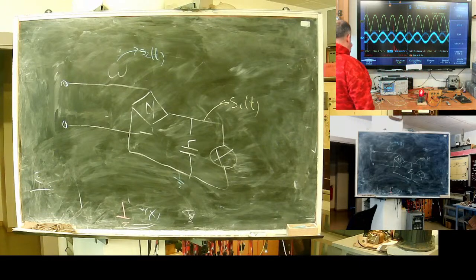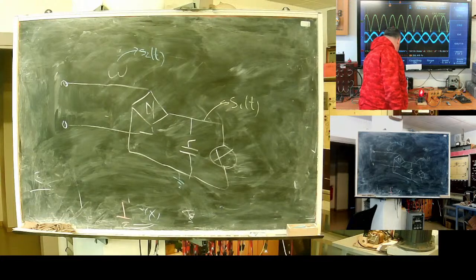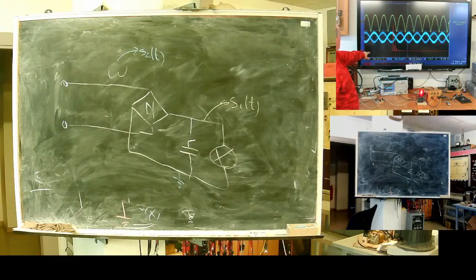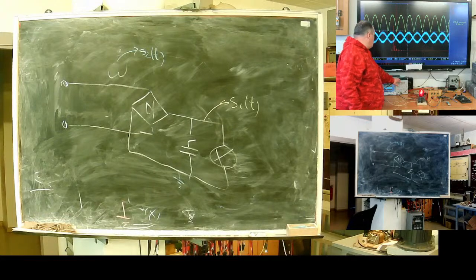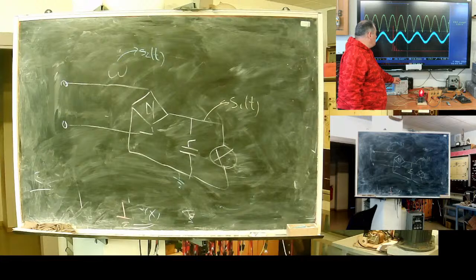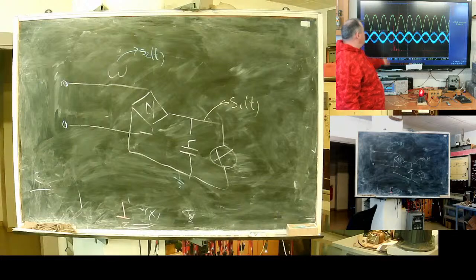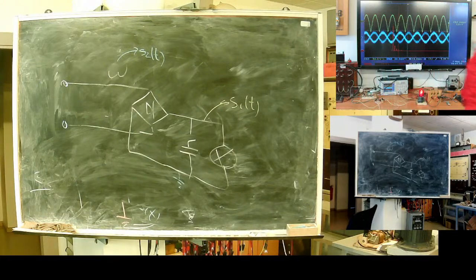What kind of spectrum? First channel. Here is the spectrum of the output voltage. It's classic: 50, this one 100, 200, 300. Spectrum of the output voltage.